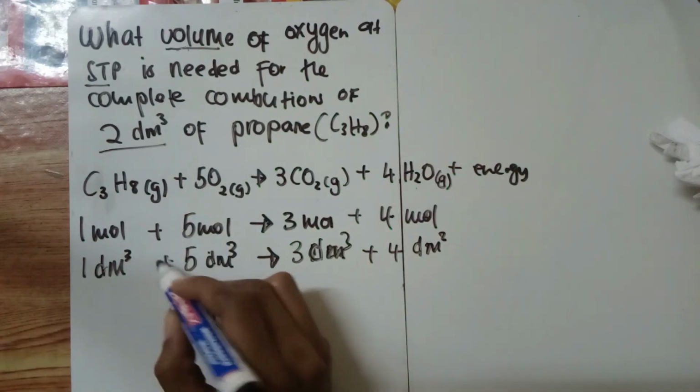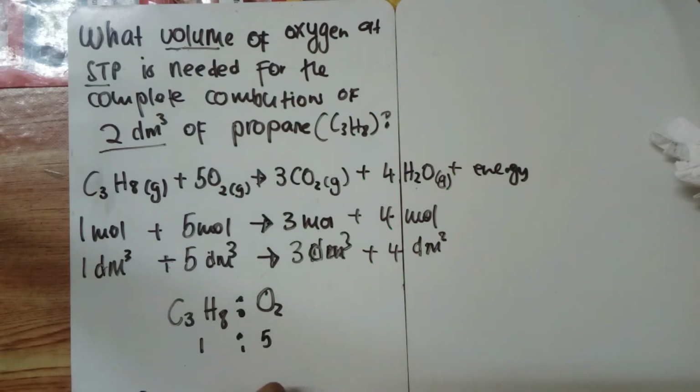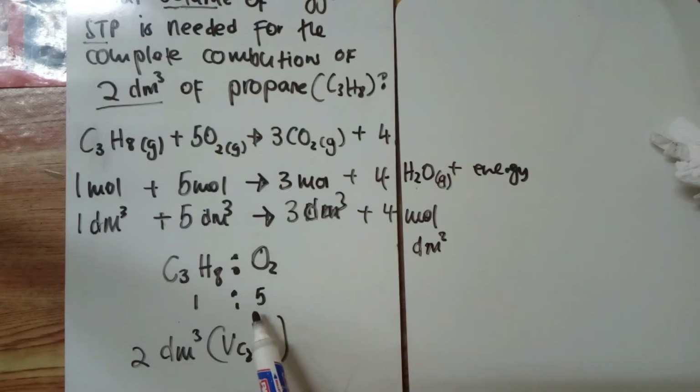So now if we have 2 cubic decimeters of propane, this is the volume of C3H8. If their ratio is 1:5, it means that we will also need double this.